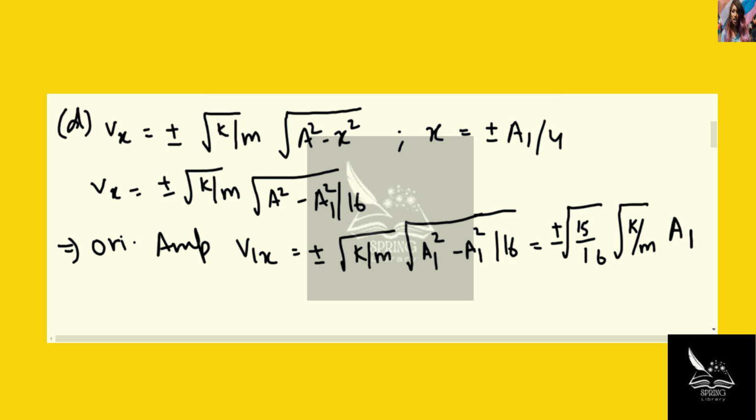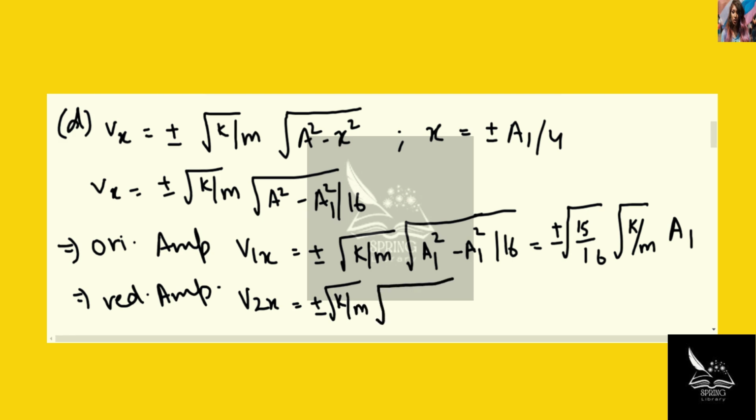Okay, this is with the original amplitude. Now with reduced amplitude we have v2x, that will be plus or minus, this will be the same, root of k upon m, into root of A2 squared minus A1 squared upon 16. This remains the same. This is x. Only amplitude is reduced. So this is A1 and this is A2.